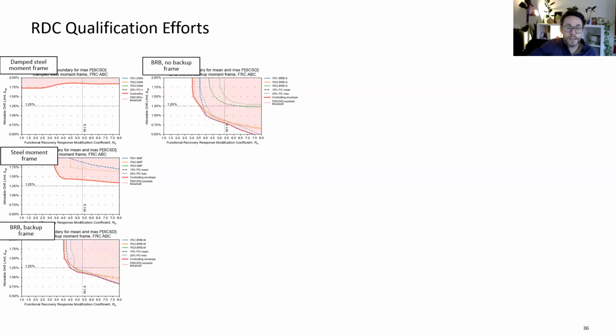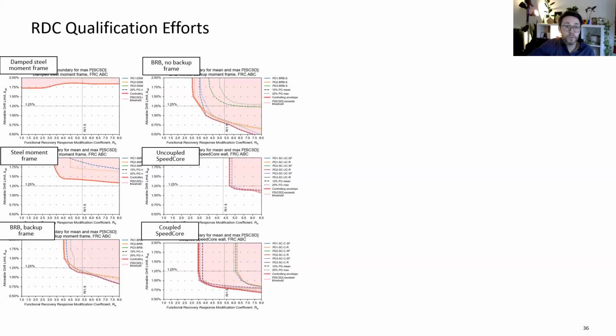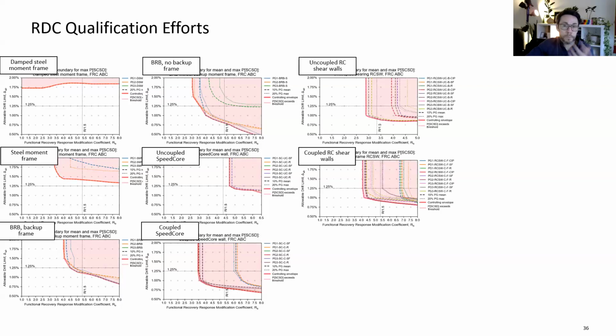Buckling restraint brace frames with moment connections and with simple connections, as I showcased in the example today. We looked at SPEED core coupled and cantilevered walls. We've looked at reinforced concrete coupled and cantilevered walls, again trying to serve as a little bit of a benchmark or reference for the SPEED core analysis.